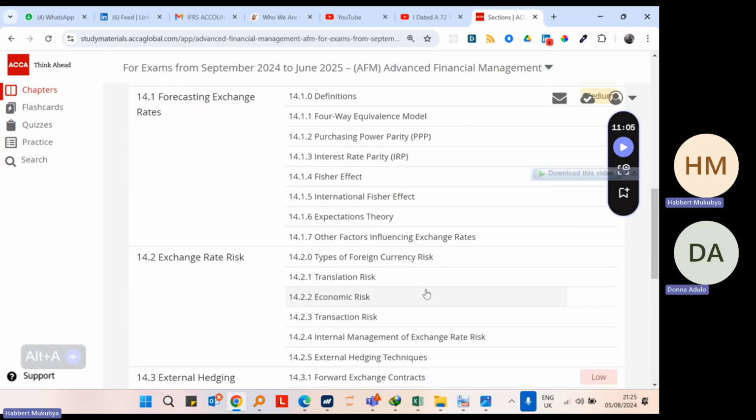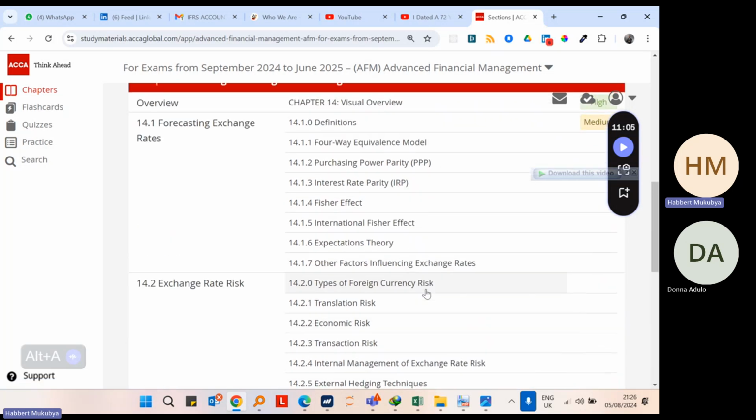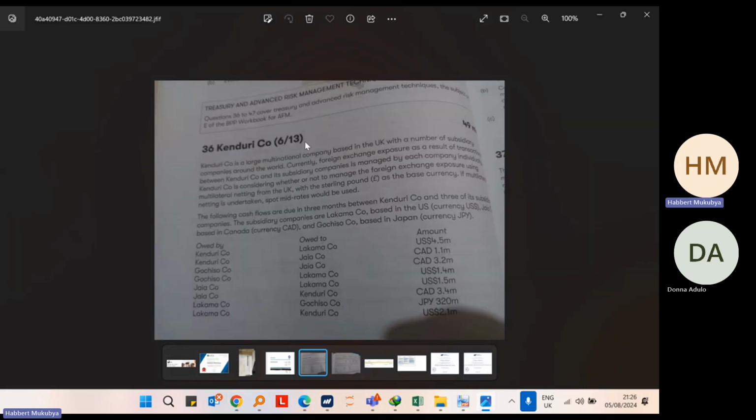So what you can do, just look at that question that you had shared with me before, the one that I flashed, and see if what we have done today is going to help you with it. If not, then we do it tomorrow. Then on Wednesday, we can do a question on foreign exchange hedging.